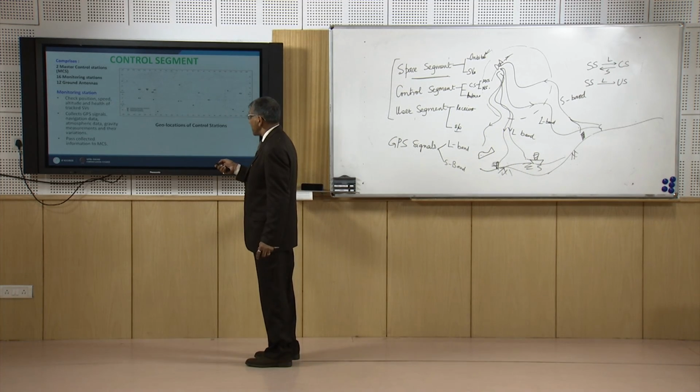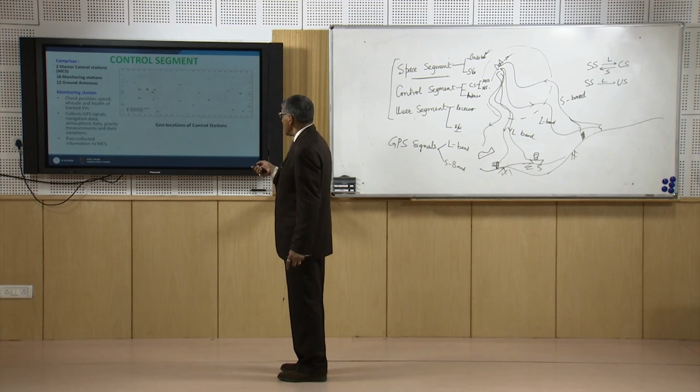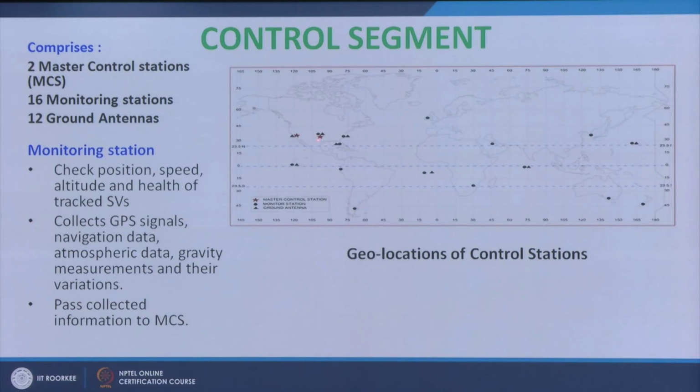The master control station is given by red star. Actually there are two master control stations: the one at Colorado is the main master control station, and another near California is the subsidiary master control station. All these monitoring stations send the data captured from the satellites to the master control station.